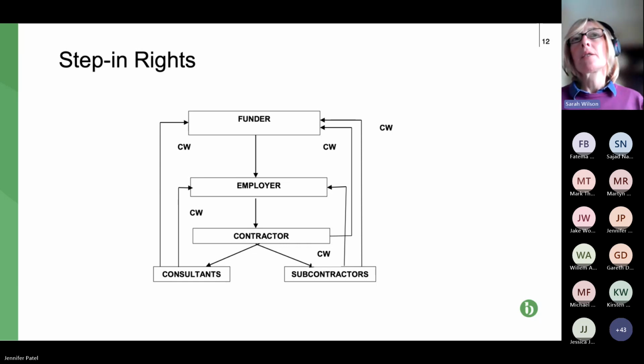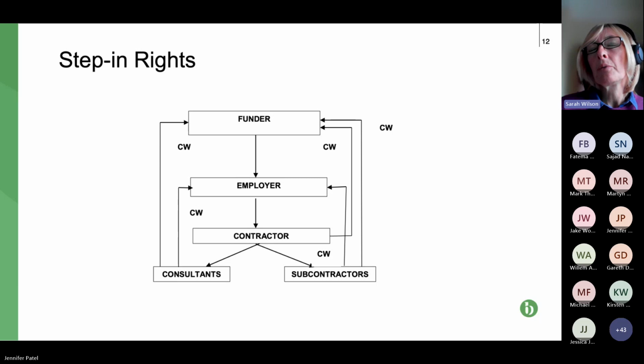Now, why might a funder or employer want to go against a consultant or subcontractor? Wouldn't they just go against the contractor, particularly in a design and build? Well, absolutely they would, because the contractor is basically the one-stop shop in terms of liability. Pursue the contractor, and they then have to bring claims against the consultants and subcontractors. But what if the contractor has gone into liquidation and there are defects?